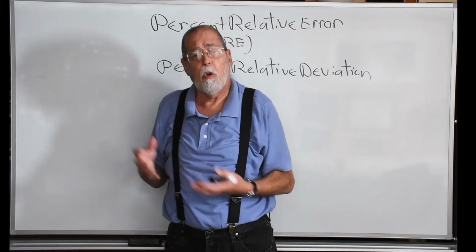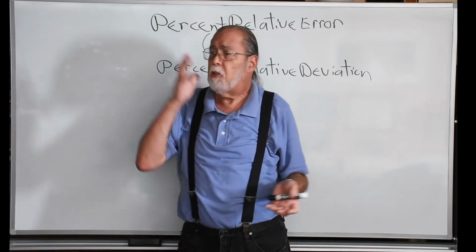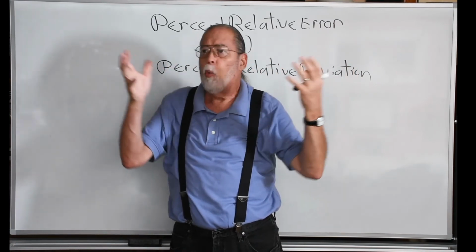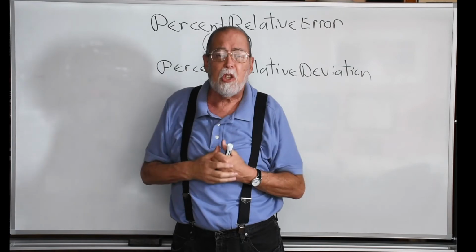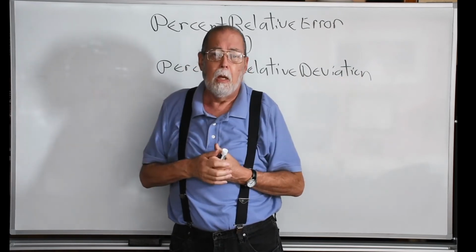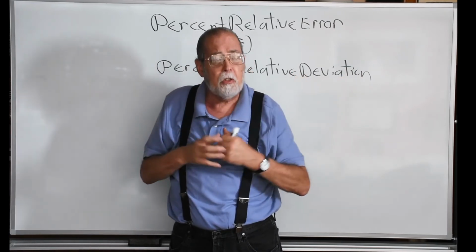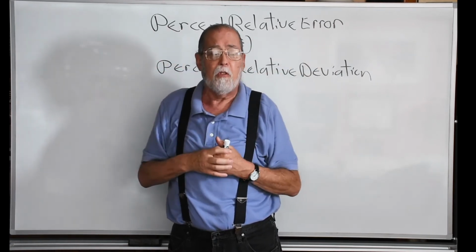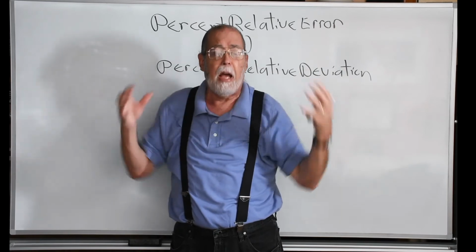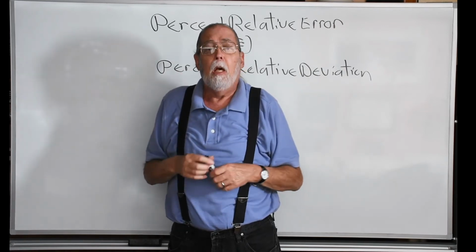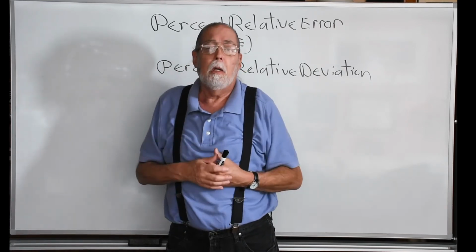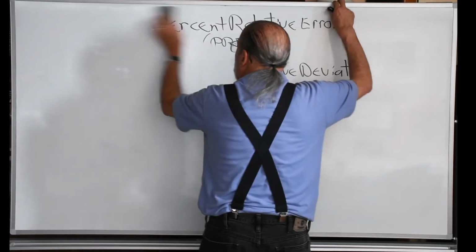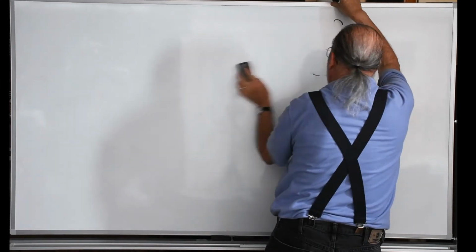So we call it the percent relative error. But sometimes we have just two times we measured something, they're not the same, and we want to say, what is the percent difference between the two of them? It's usually the percentage difference that we are interested in rather than the absolute difference or absolute deviation or absolute error. The percent relative error is easy to calculate, but there is a bugaboo you have to be careful about.